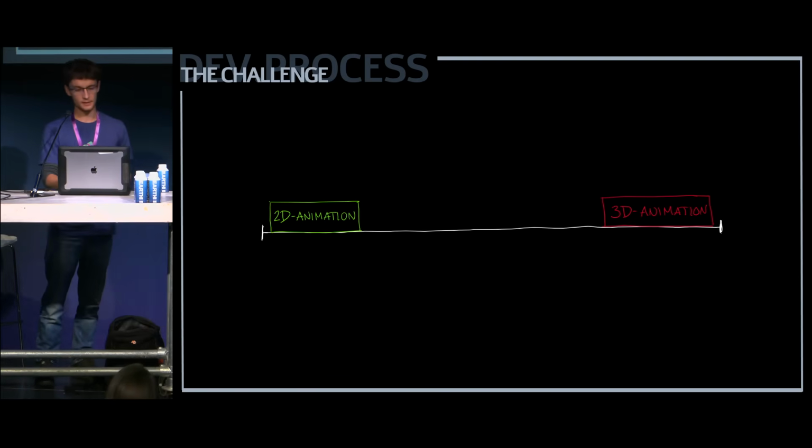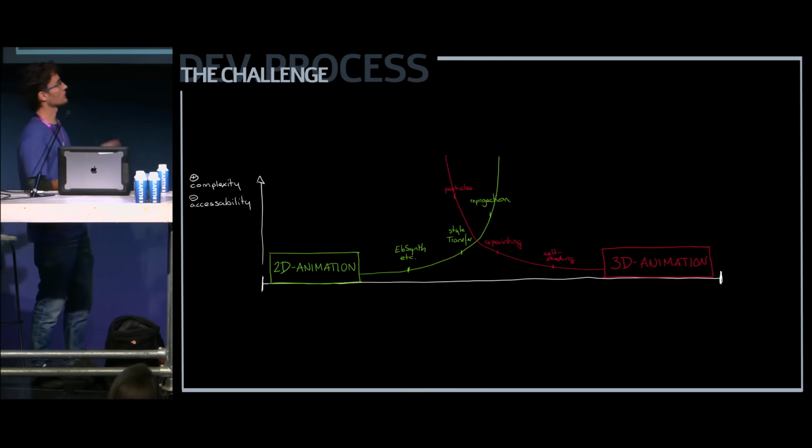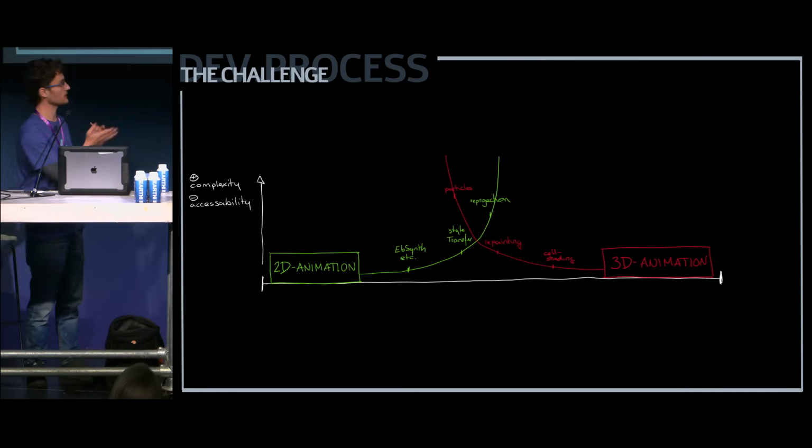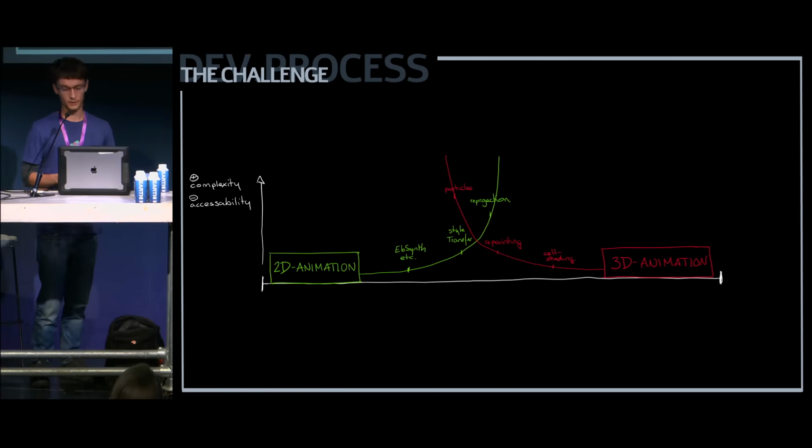The problem is that every time you try to go from 2D animation towards more 3D looks, it becomes very complex, and the workload increases basically exponentially the more you try to go towards the other medium. The same goes for 3D animation, and that often ends up with very sophisticated workflows that just aren't very accessible or easy to pipeline, because basically you're working against the workflow in which you're working, right?